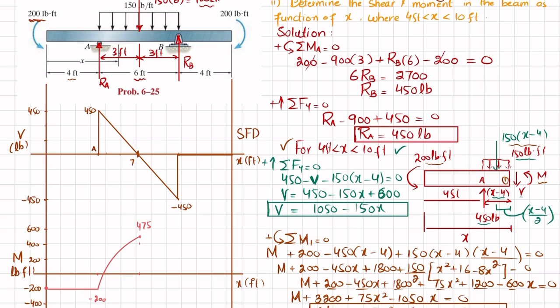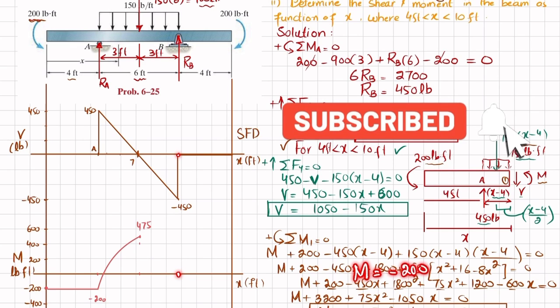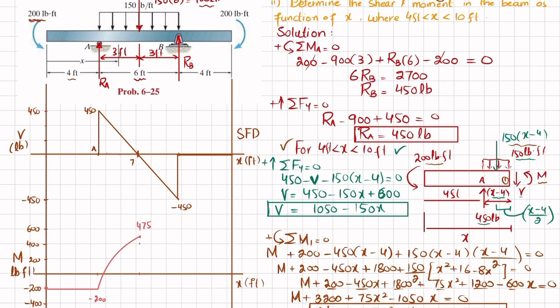Clear? Okay, now for x is equal to 10 feet at this point. Clear? So when you put x is equal to 10 in this equation, you will get moment equal to minus 200, which will be this point. At this length, it will be minus 200.